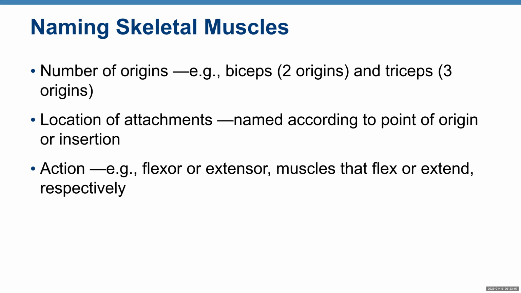For example, we have a muscle called sternocleidomastoid. It tells you the origin, sternum and clavicle, and the insertion, mastoid process of the temporal bone. So if you look into the names of muscles, you can get lots of information about location, action, shape, and size of the muscle.